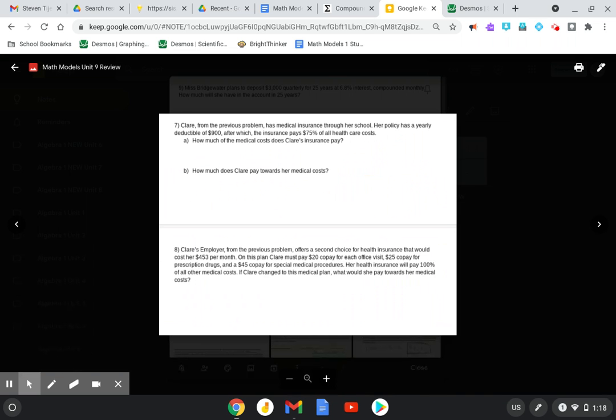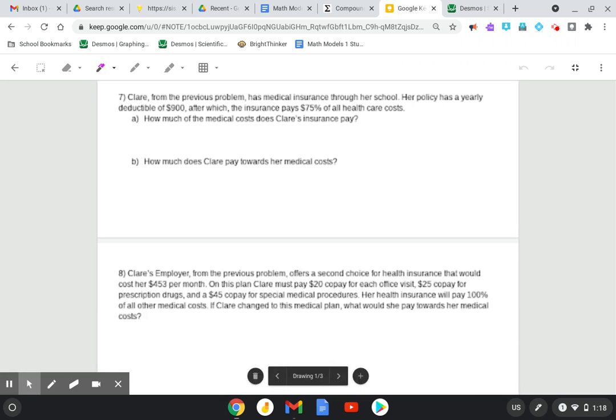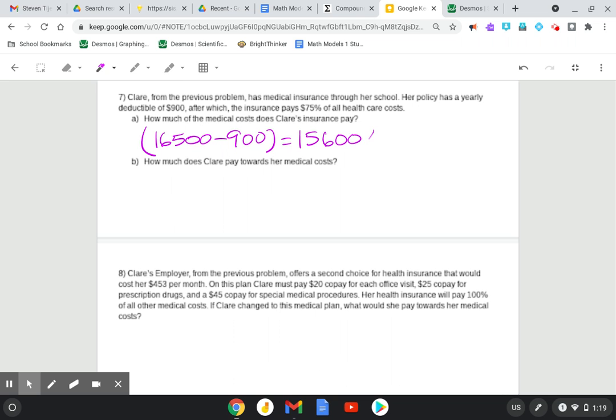A few more questions left. Next one builds on that one. It says Claire from the previous problem has medical insurance through her school. Her policy has a yearly deductible of $900, after which the insurance pays 75%. How much of the medical cost does Claire's insurance pay? So we know it costs $16,500. Claire pays the first $900, so we subtract that from that total, and we get $15,600. And then the insurance pays 75%.